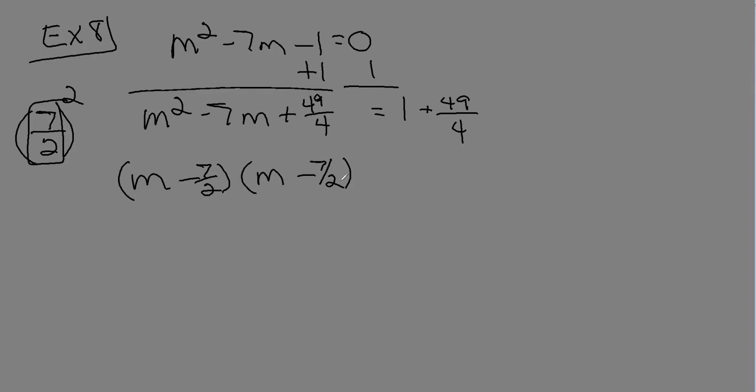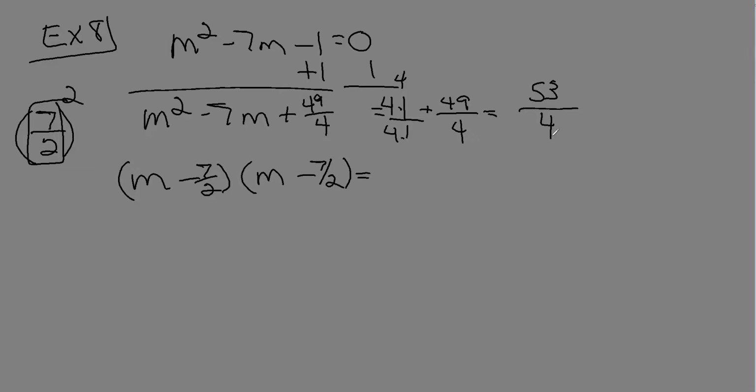And that's going to equal, now I've got to add these two up here as well. This is really 1 over 1, so I'm going to multiply top and bottom by 4 so my denominators are the same. So 4 times 1 is 4, and 4 plus 49 is 53, over 4. Make sure you know how to do your fractions.